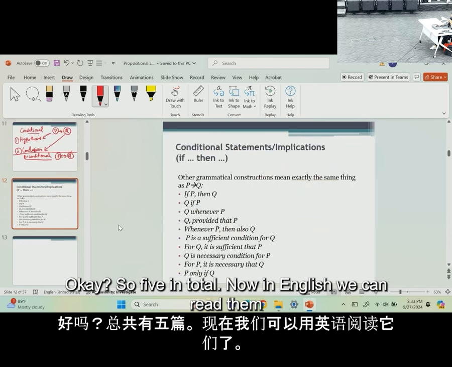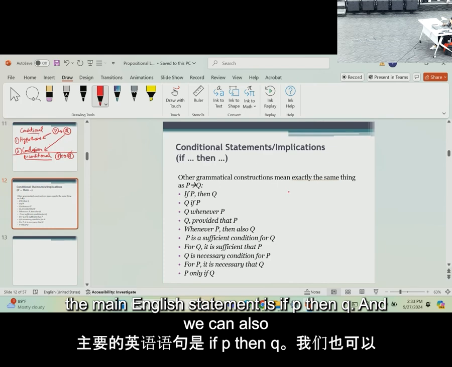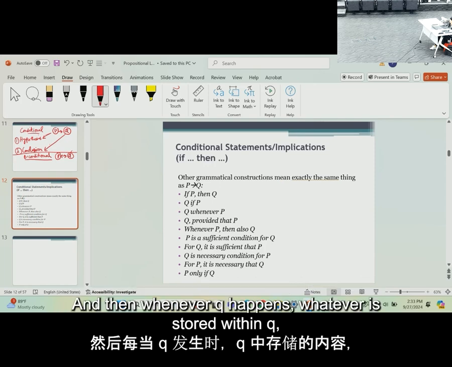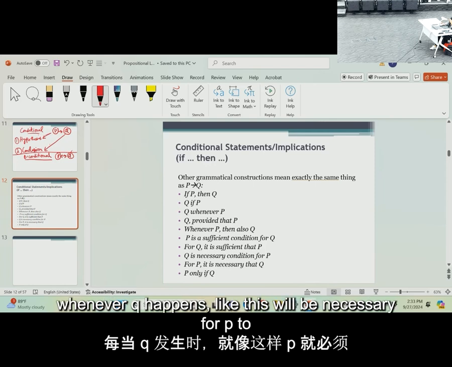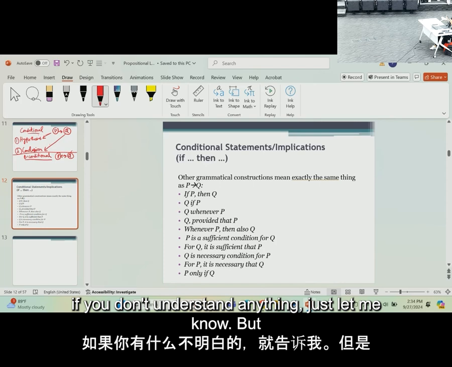Now in English, we can read them in different ways. For conditional, the main English statement is if P then Q, and we can also read it as Q if P, like if P is there, then Q will be there, and whenever Q happens, whatever is stored within Q, this will be necessary for P to happen. Go through these, and if you don't understand anything, just let me know.